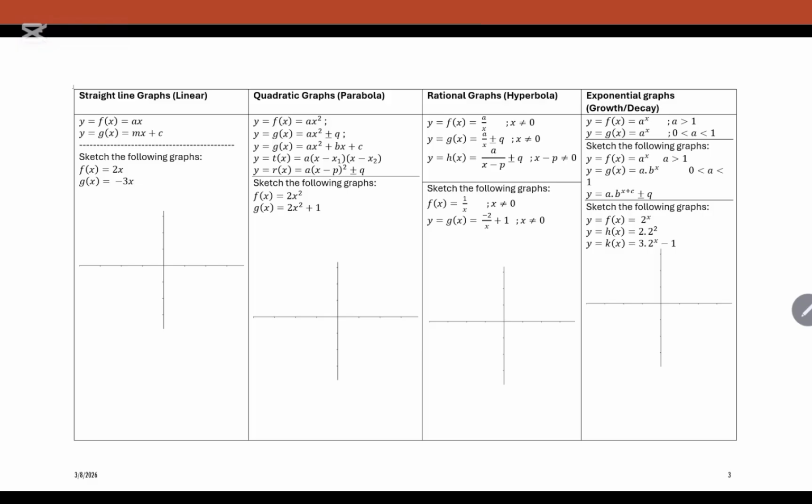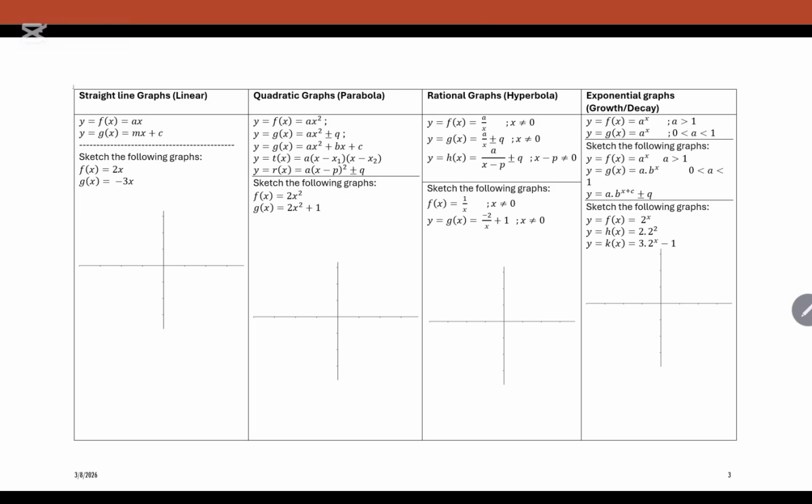One day you're revising the straight line, the next the parabola, so you need to plan a structured worksheet that will allow you to go through all these functions in a short space of time. So let's look at the first column that talks about straight line graphs.